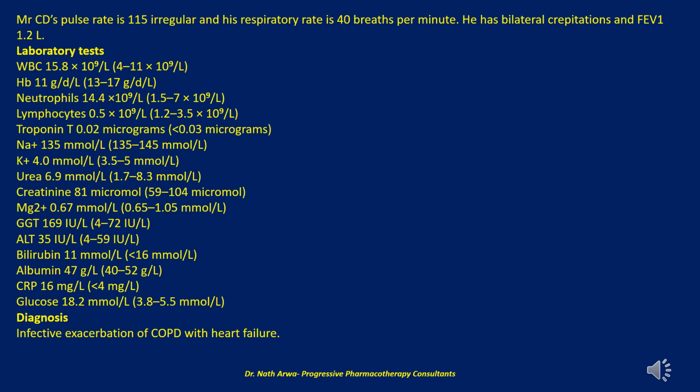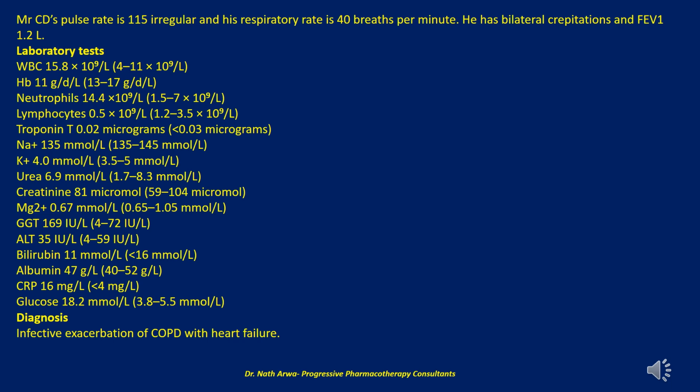GGT 169 international units per liter. The normal range is 4 to 72 international units per liter. ALT 35 international units per liter. The normal range is 4 to 59 international units per liter. Bilirubin of 11 millimoles per liter. The normal range is less than 16 millimoles per liter.